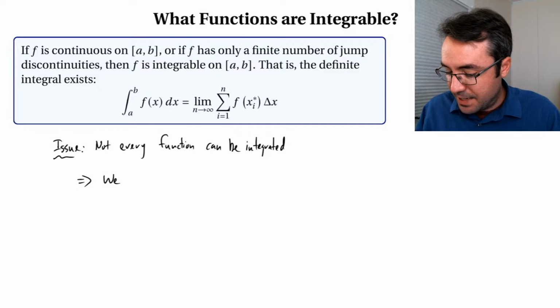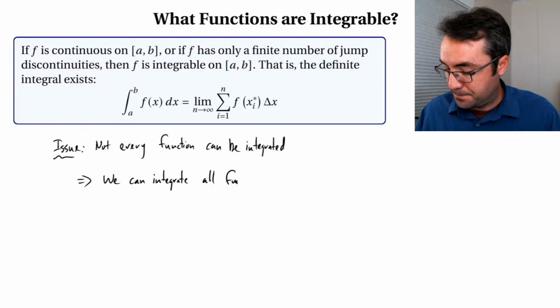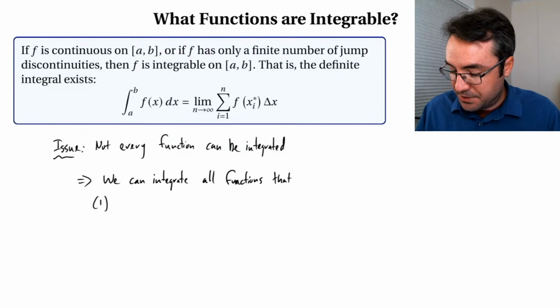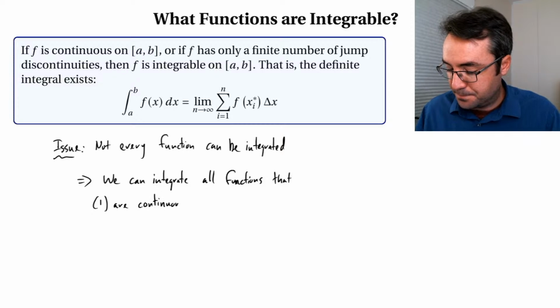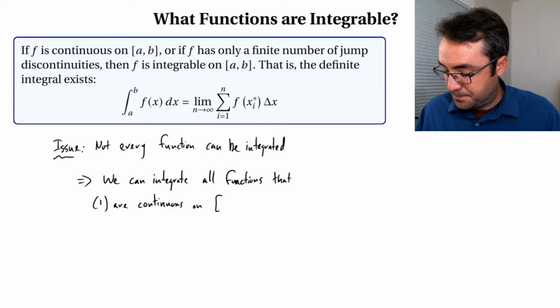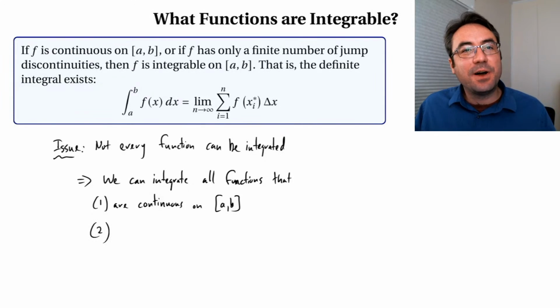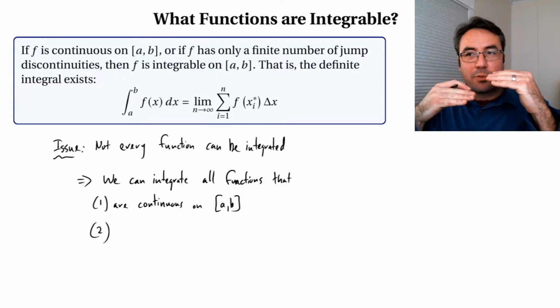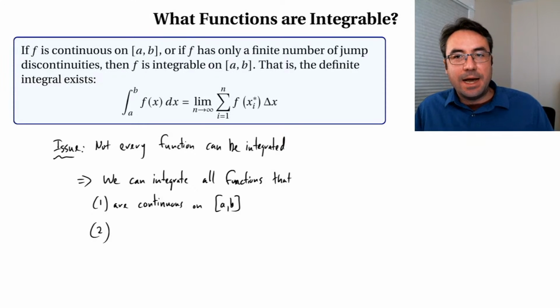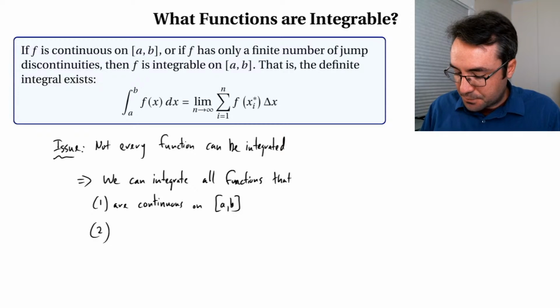So what this theorem says is we can integrate all functions that, one, are continuous on that closed interval, or kind of like piecewise functions where there might be a couple breaks in our piecewise function. Those are okay as well.